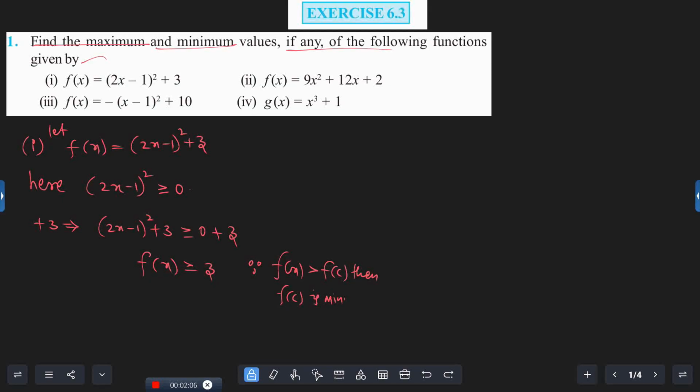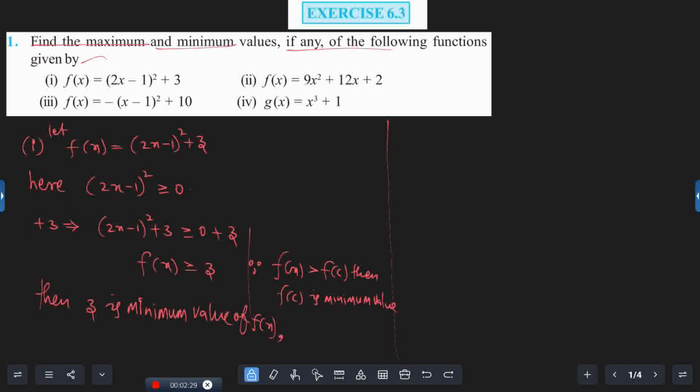With the help of this definition, I'm going to say 3 is the minimum value of f of x.